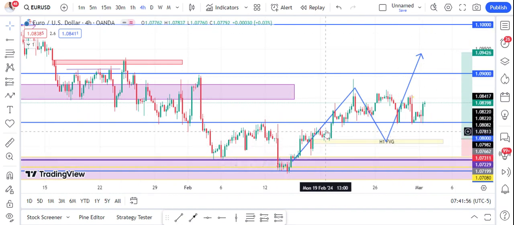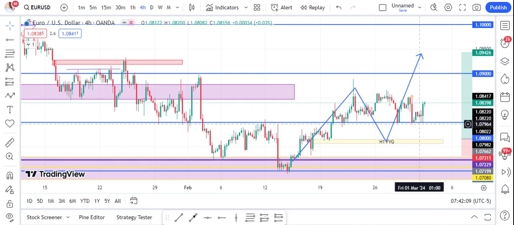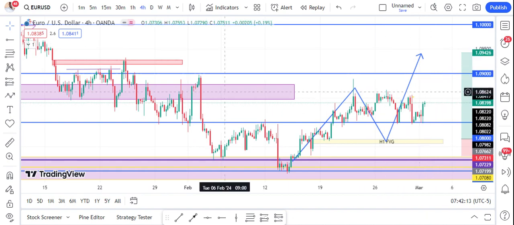I entered a trade here and took it out somewhere around here when price was dropping, just to secure and bag all the profits. Right now I'm still sitting on the fence, whether I trade back into this zone or just keep trading up. I will look for my long entry.